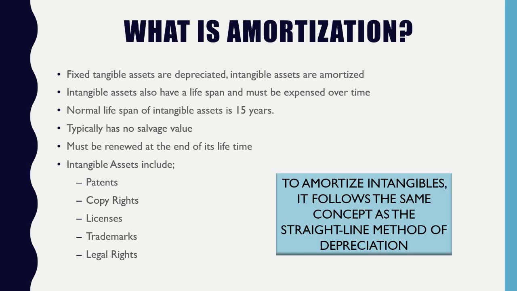And that's very typical. So the assumption is that it doesn't have any salvage value or residual value because of that expiration date. Normal lifespan can be anywhere from 15 years. This is just a guesstimation; it doesn't hold true because there are a lot of patents that are only good for 1 year.